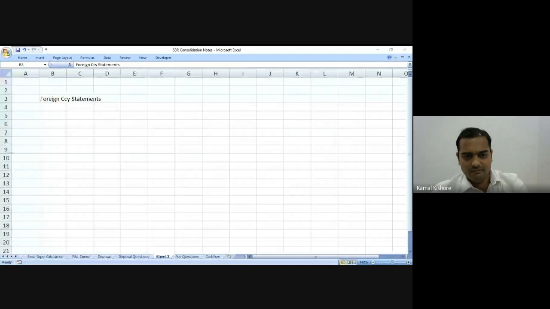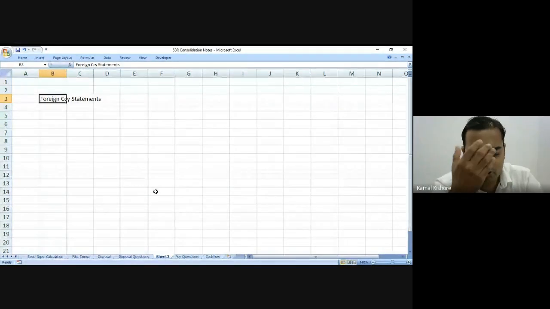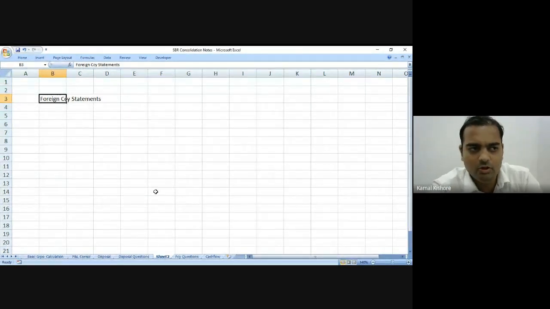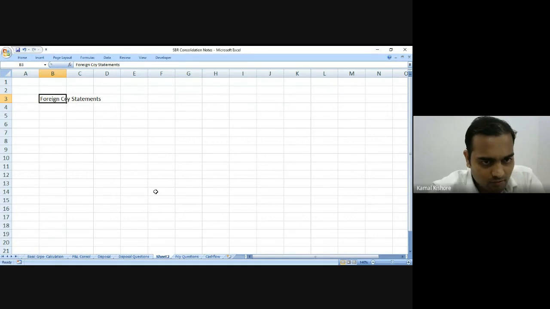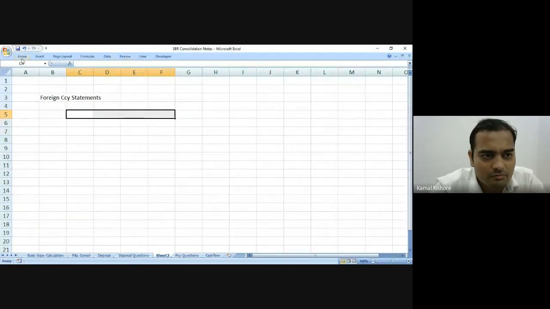Basically, I was telling they are preparing in GBP. So you are telling from GBP we have to convert to INR, correct? Yes. Okay. Now let us see how do we do this conversion.